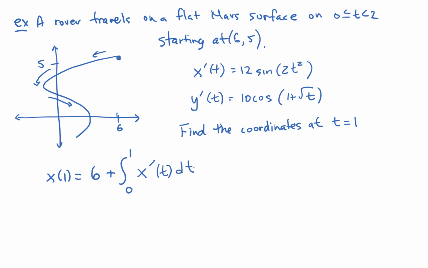And we can just do this on a calculator. So we can just plug the function 12 sine of 2t squared into this, and we can get a location for the x value. And y of 1 starts at 5. It goes for a while from 0 to 1 at its rate of y prime. And this one, if I plug it into the calculator, is 4.057 in the y direction.